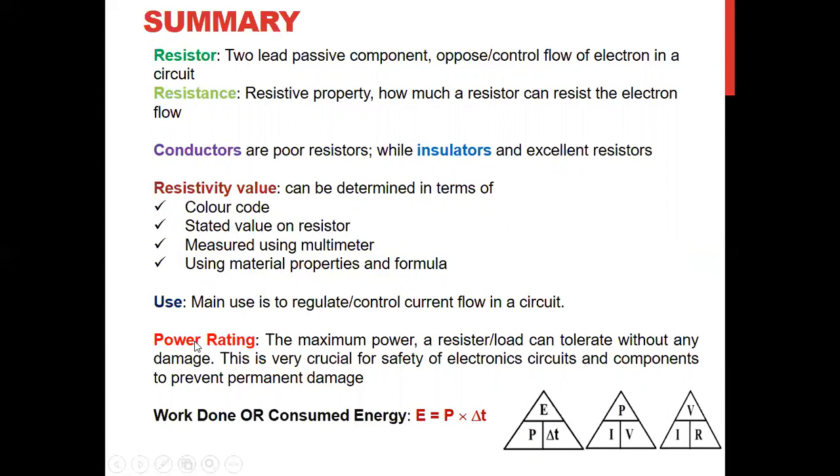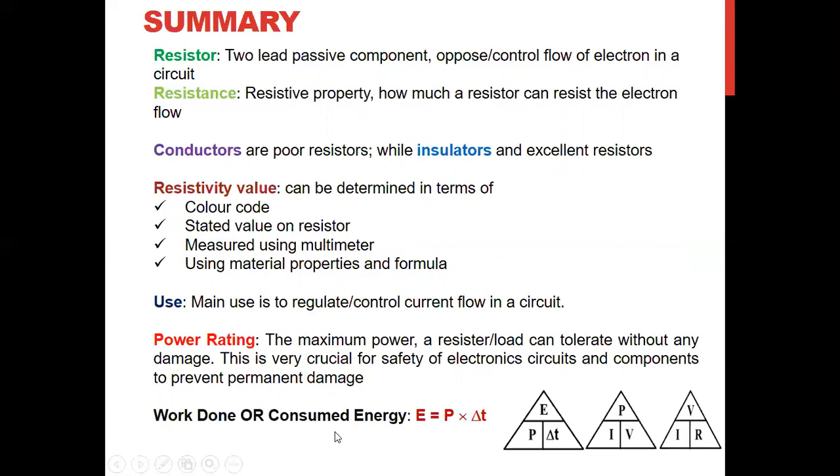Then another one, power rating. Power rating is the maximum power a resistor or load can tolerate without any damage. This is very important for the safety of electronic circuits, components, or devices we use, to prevent permanent damage.